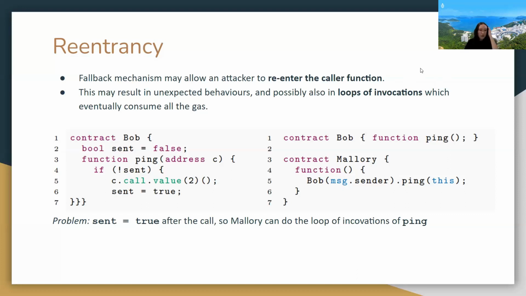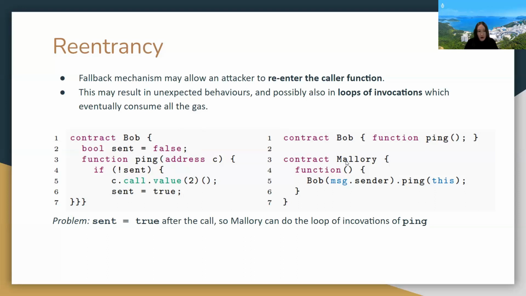So let's consider the following situation. We have the contract Bob, and initially send is false, and in the ping function, if it is not sent, then we send some value to the contract C. And we also set the send variable as true here.